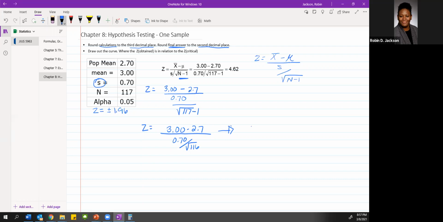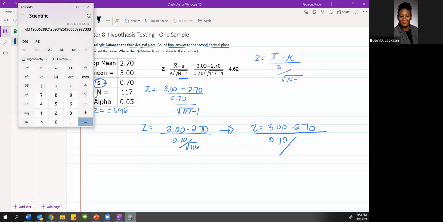All right, so Z is then equal to 3.00 minus 2.70. Do that. Be consistent. And then you take that and divide that by 0.70, which is then divided by the outcome of this number. So let's go ahead and get that.